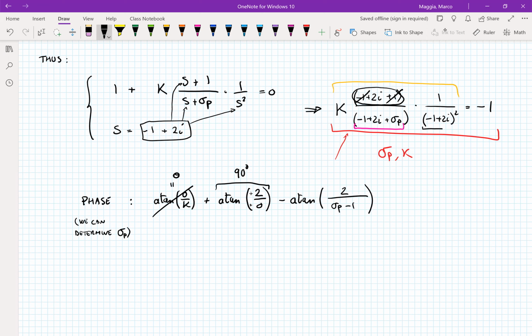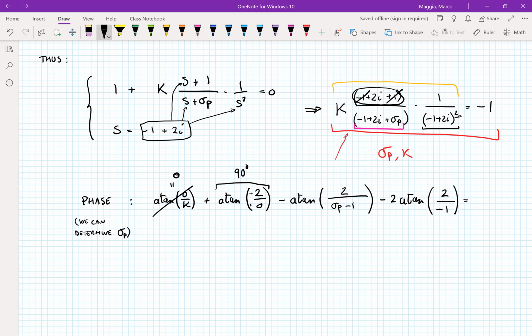And then we do the same with the other complex number, minus 1 plus 2i. So since we have that this is elevated at the power 2, we are subtracting 2 times arctangent of the imaginary part, which is 2, over the real part, that is minus 1.